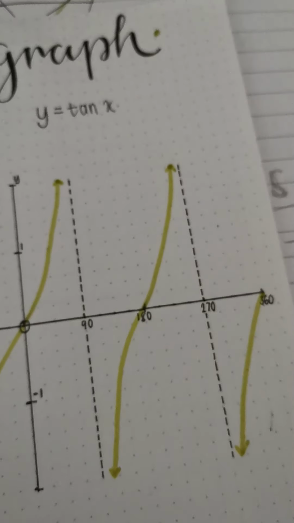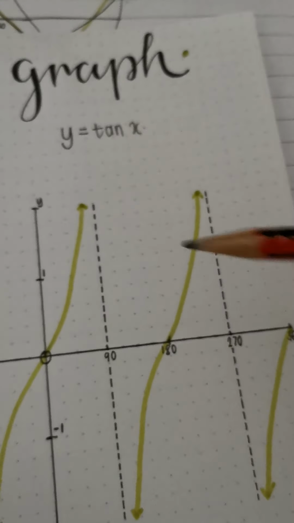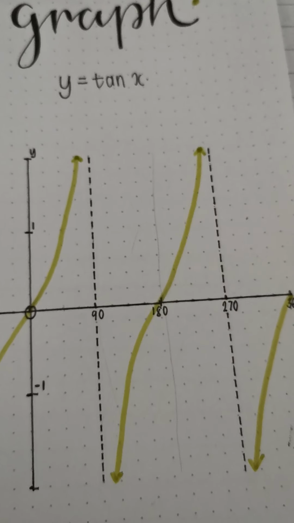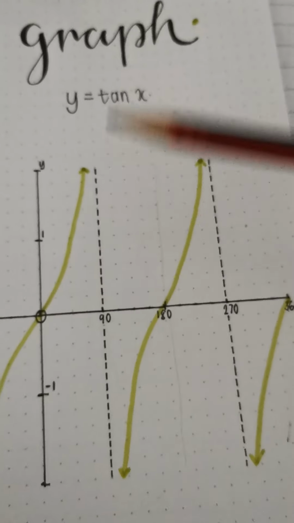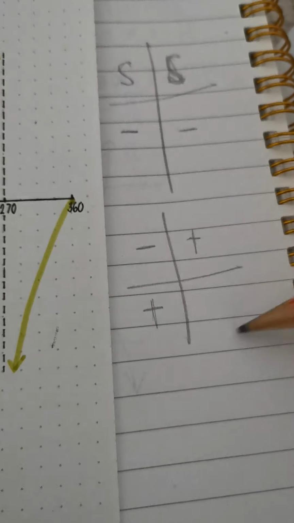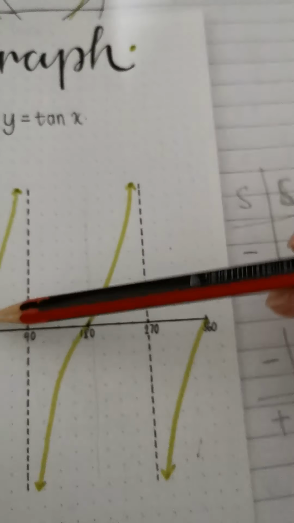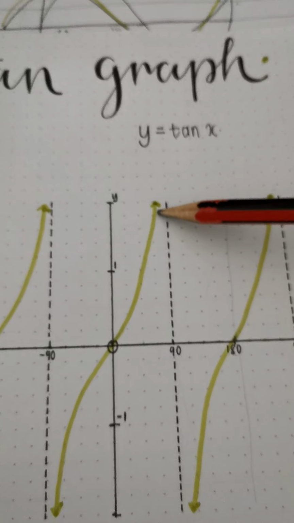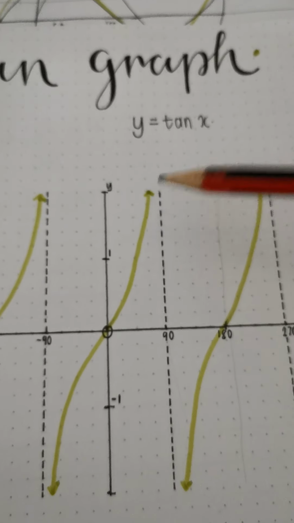You can do the exact same thing for our tan graph. Here's the first quadrant, here's the second quadrant, third quadrant, fourth quadrant. We know that for tan, let's jot it down quickly, it's positive here, positive in the third quadrant, negative in the second, negative in the fourth. Let's confirm. Yes, in the first quadrant, it's positive, between 0 and 90, see, it's positive above the x-axis.